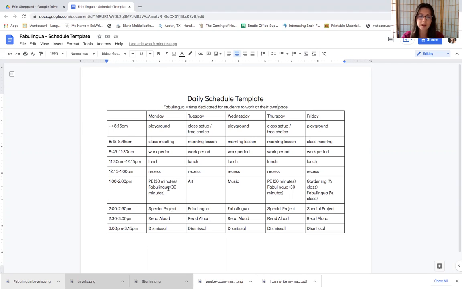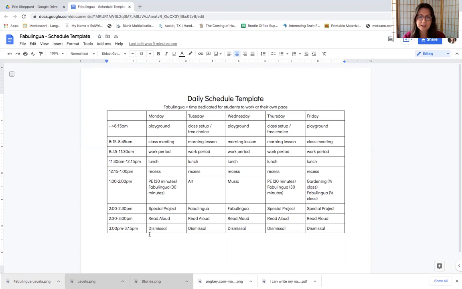That's the day where they were able to work on FabuLingua. And on the days where they were at a special for 1 hour, in that 30-minute block, they work on FabuLingua. So every day, here, here, here, here, and here, they have dedicated FabuLingua time. And then you'll notice we have our read aloud and then our dismissal time.